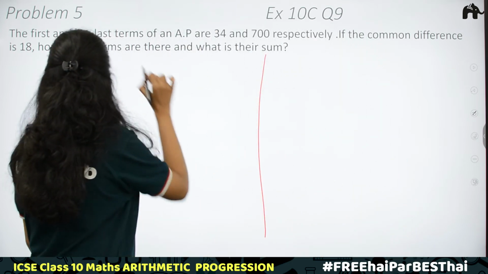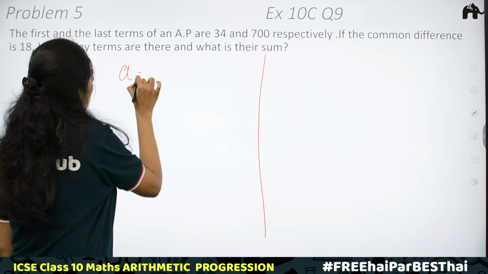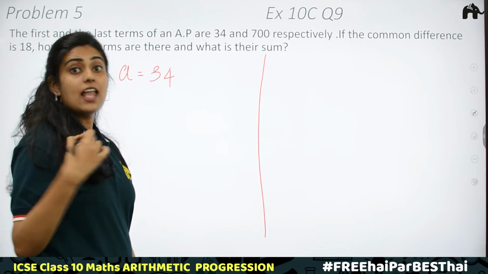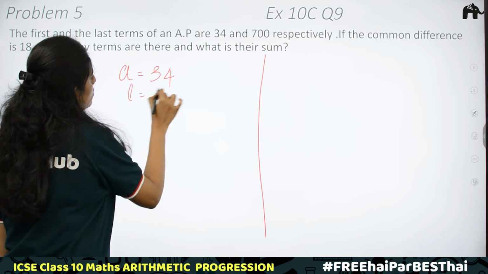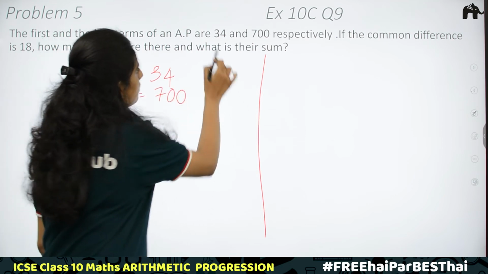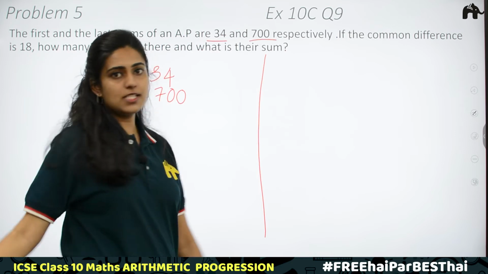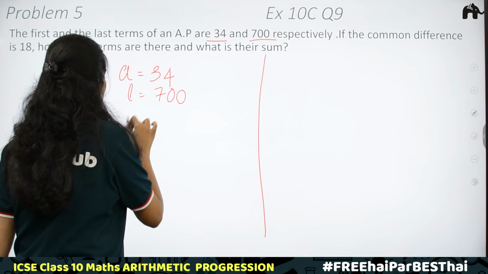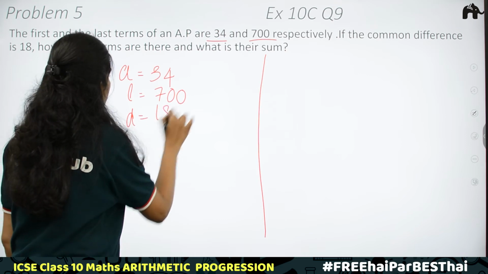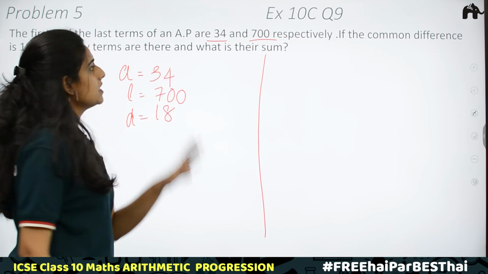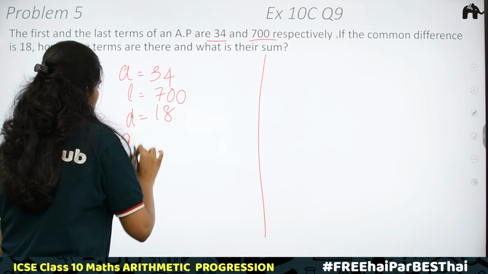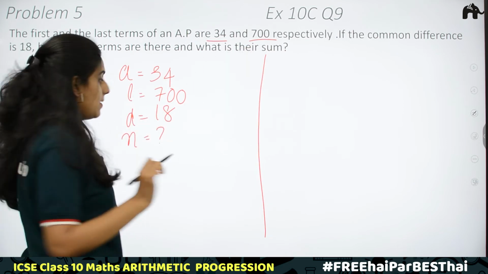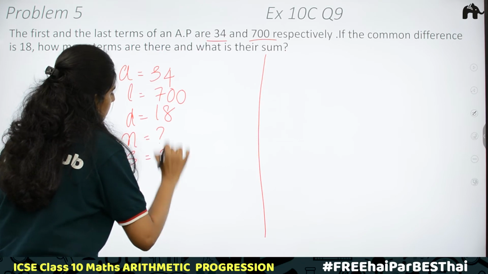Here given first term A is equal to 34 and last term L is equal to 700. What else is given? Common difference is also given. D is equal to 18. How many terms are there in the AP? We have to find the number of terms, and what is their sum? We have to find S.